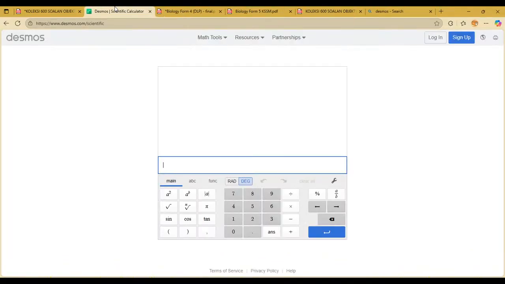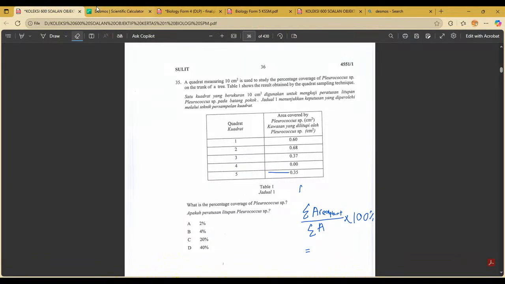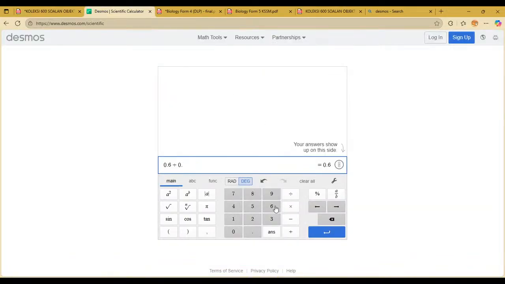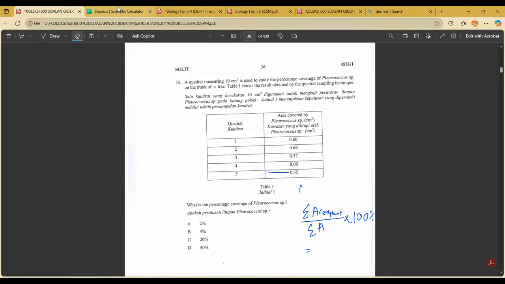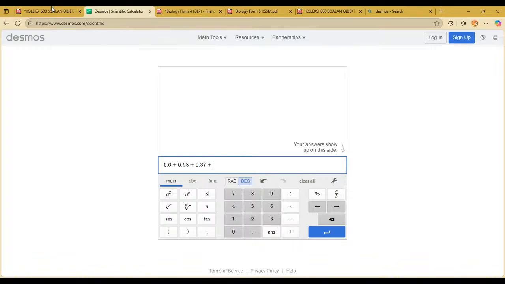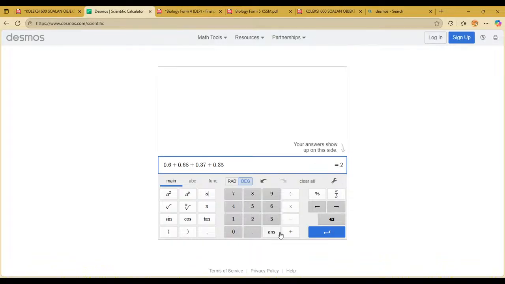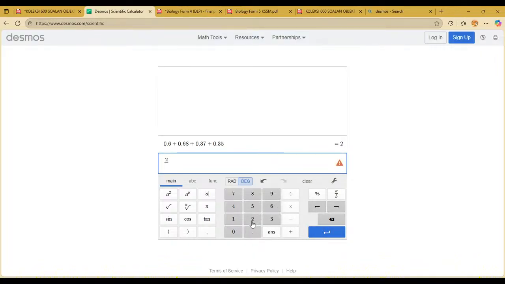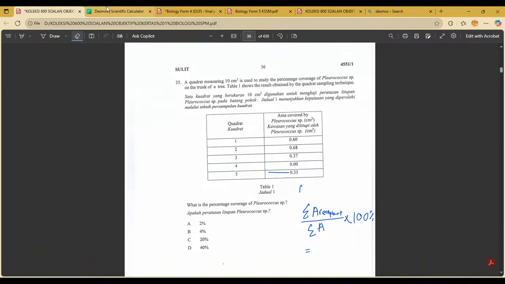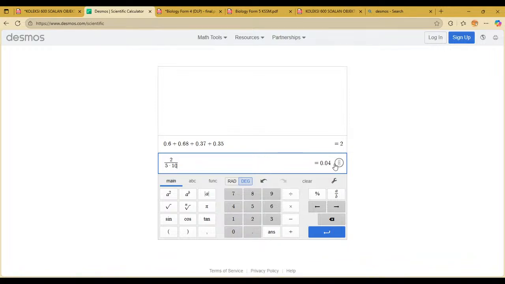There's more scientific calculating. 0.6 plus 0.68 plus 0.27 plus 0.0 plus 0.25 equals, okay, 2 over 5 times 10, so it's 2 over 50 equals 0.04, times 100% is of course 4%.